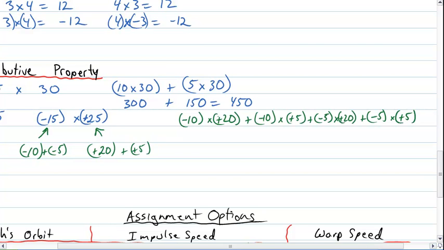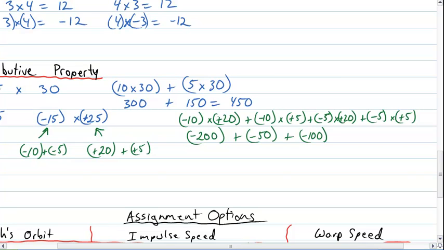So now we've taken negative 15 times positive 25 and used the distributive property to distribute everything out. Negative 10 times positive 20 is negative 200, plus negative 10 times positive 5 is negative 50, plus negative 5 times positive 20 is negative 100.